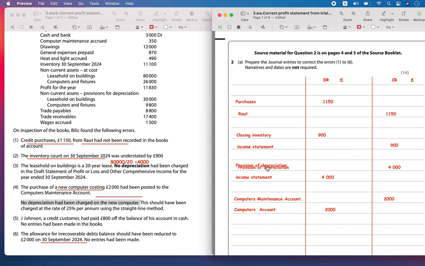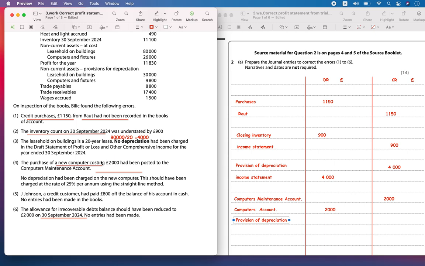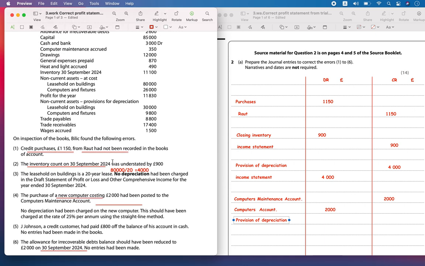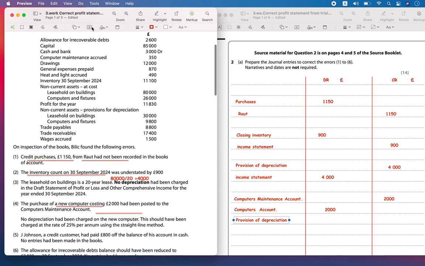The provision for depreciation for the computers: 25 percent of 2,000 is equal to 500.